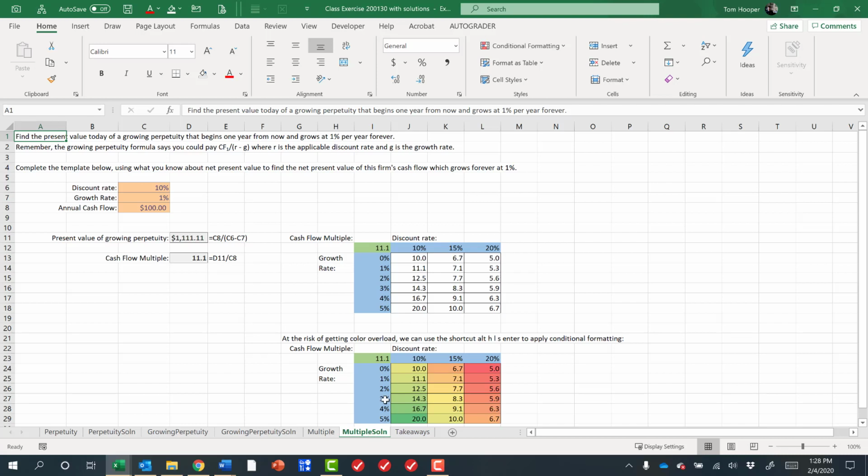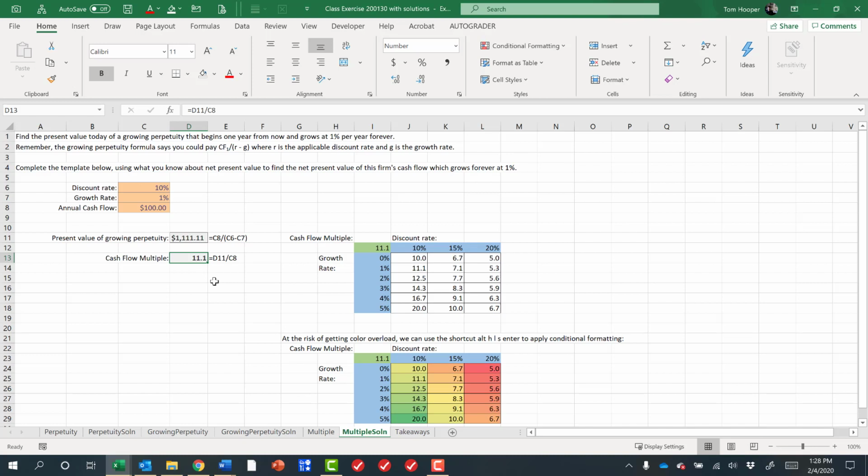The next thing I want to draw your attention to, because I don't think we got there in all the classes, was this color coding. Notice that the warmer colors apply to the lower cash flow multiples, and the cooler colors apply to the higher cash flow multiples. Remember, the purpose of this data table was to find what's a likely combination of discount rate and growth rate to result in a certain cash flow multiple.